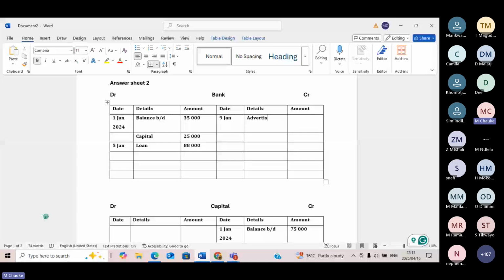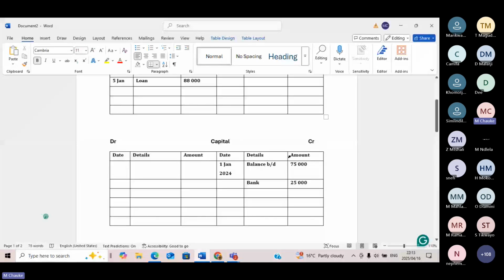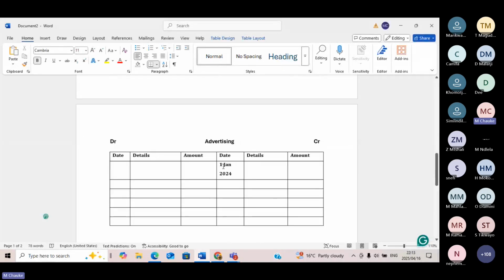And then how much did you pay? 4,800. And then you go to the account of advertising. You've made a payment on the 9th January. And then details, bank, the contra account of this is bank.